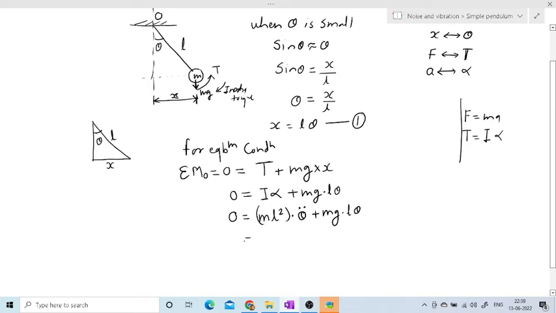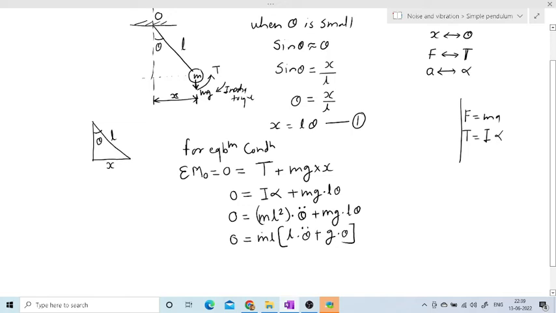So I will take the common term m and L. In the bracket it will remain L into theta double dot, plus g into theta is equal to 0.